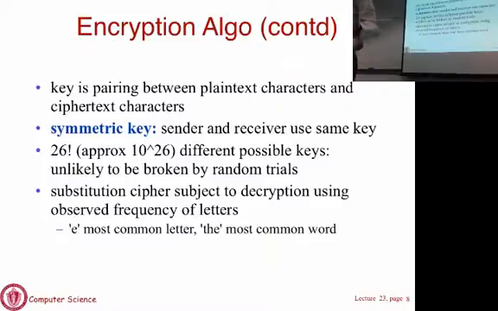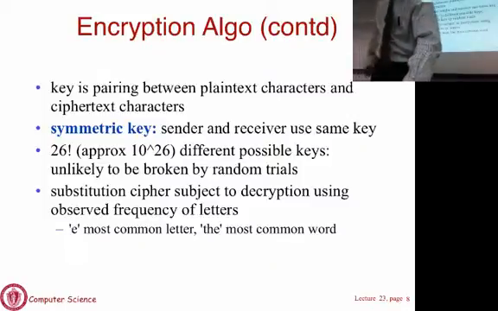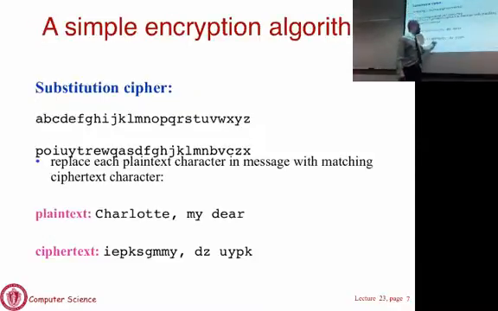Now, although the intruder doesn't know which is the one that has been used, you can subject this algorithm to other forms of statistical attacks and derive the cipher. For instance, if you know that E is the most common letter in the English alphabet, and "the" is the most common word, you can simply subject the ciphertext to analysis, asking what's the most common letter occurring here.